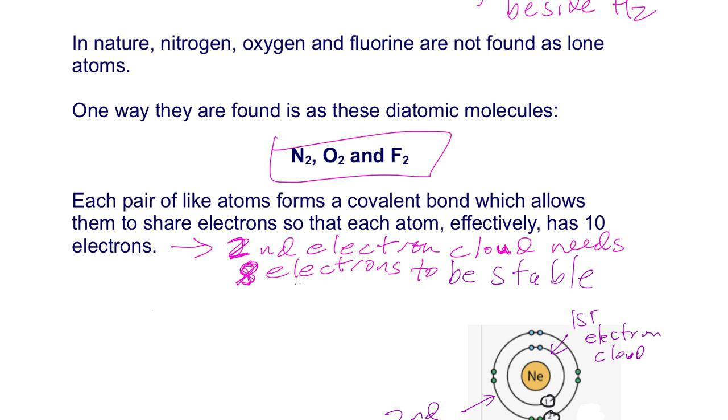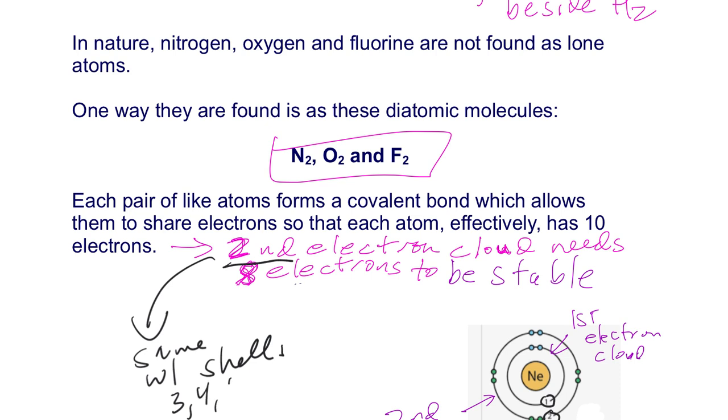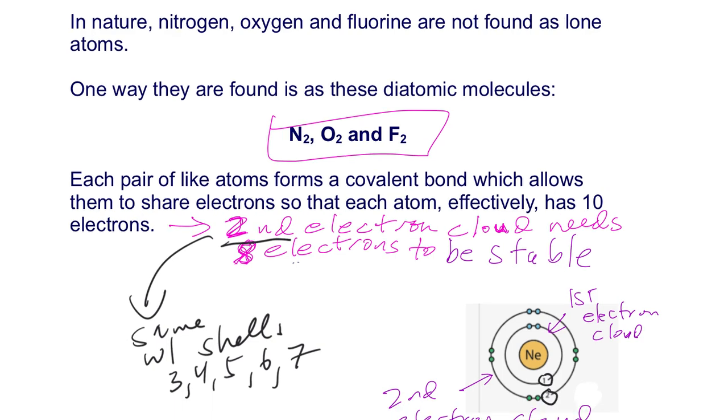So the second electron cloud needs 8 electrons in it to be stable. And so, same with shell 3, 4, 5, 6, 7, and that's all there are. If those are the outer shells, they will be filled with 8 electrons, making the element chemically stable.